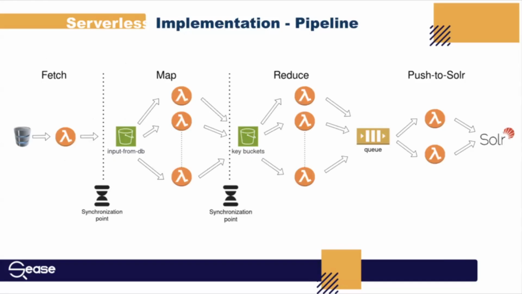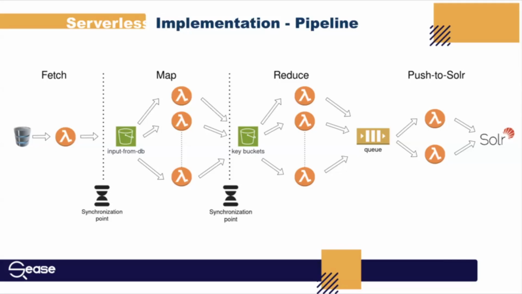So that's the high-level pipeline. We have a function to fetch data from the database and store it into an S3 bucket that we call input from database. Okay, it's zero fantasy, I know. When everything is done, we execute the map in parallel for all files. Actually, I'm cheating, because my map is map and shuffle together.